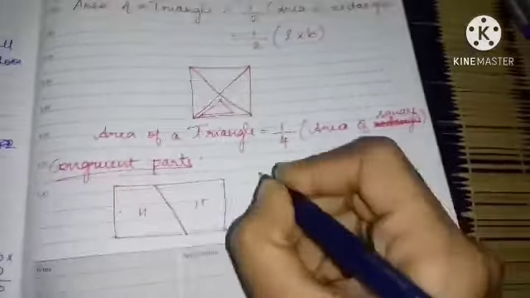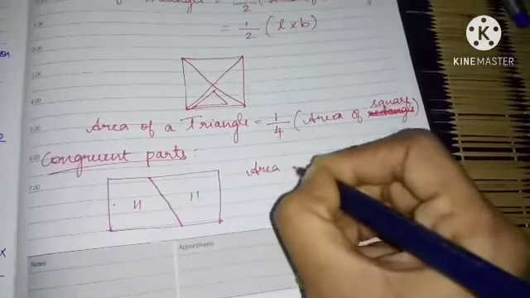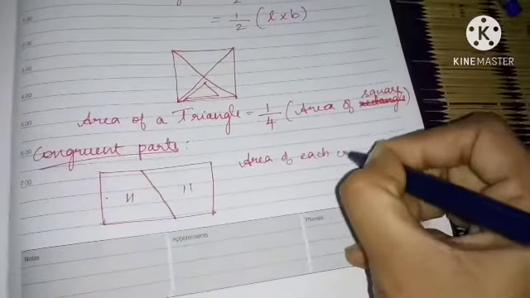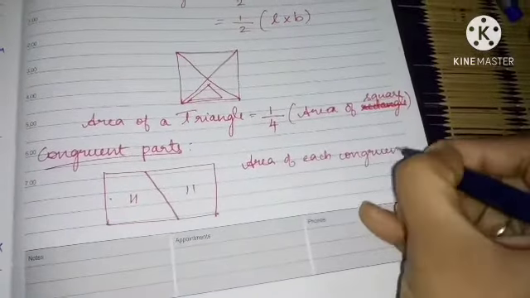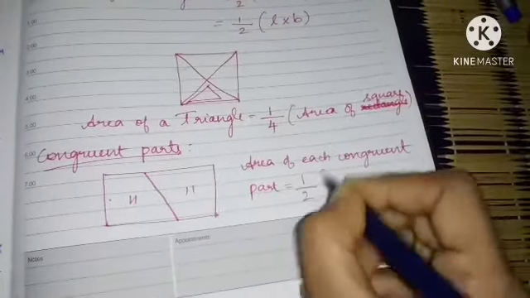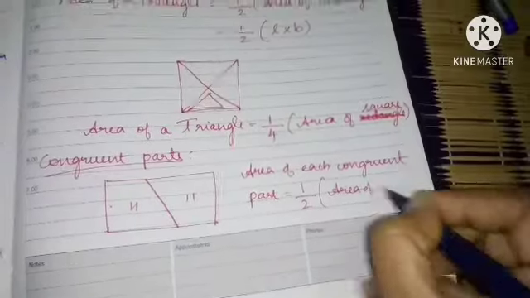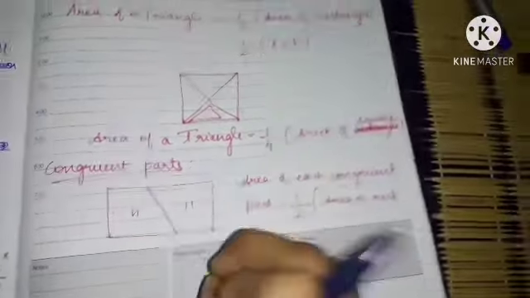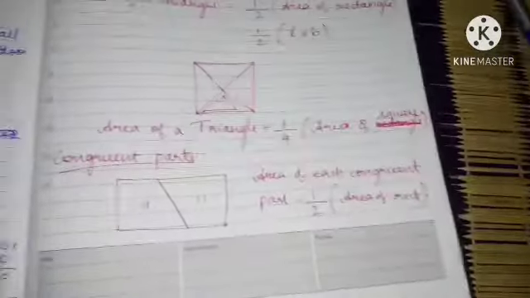So what is the area of each congruent part? The area of each congruent part is equal to half of the area of the rectangle, correct? Each congruent part is nothing but half of the rectangle. Like this, the formula has been derived. When I divide a rectangle into two triangles, the area of a triangle is half of the area of the rectangle.